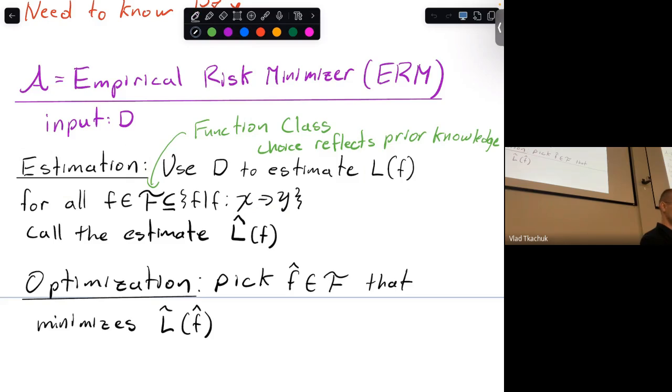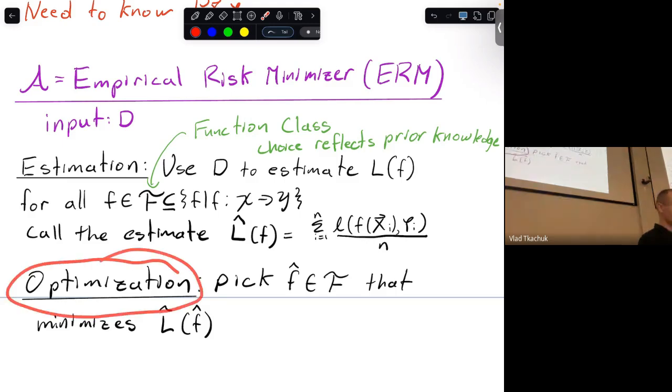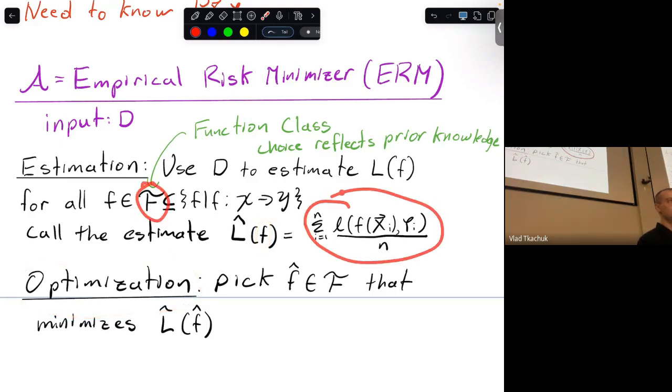So I could even write it here. This was the sum from i equals 1 to n of your loss function with the predictor taking in feature i, label i, divided by the number of data points n. That's what that was. And now what was left was how are we going to optimize, how are we going to search over functions in our function class to minimize this object? And that's what we're going to talk about today.